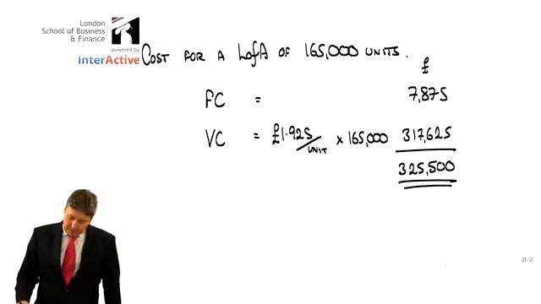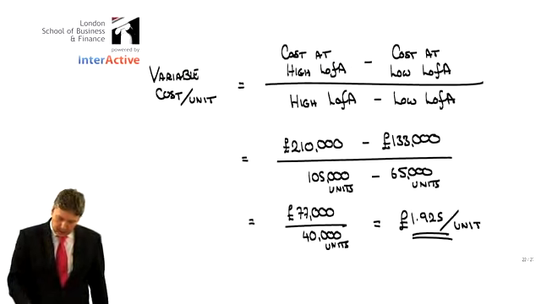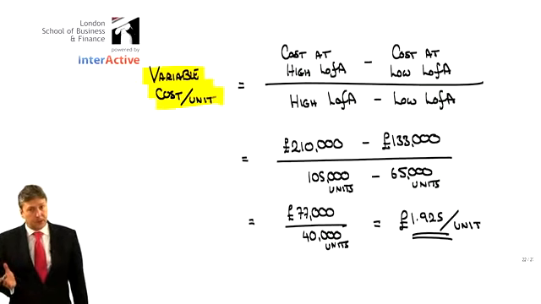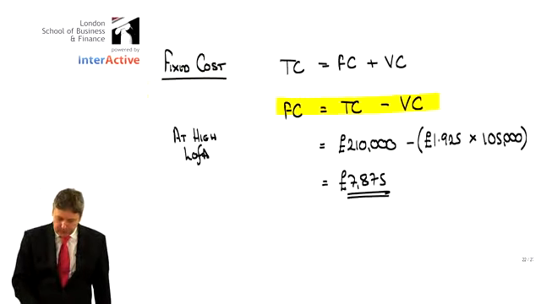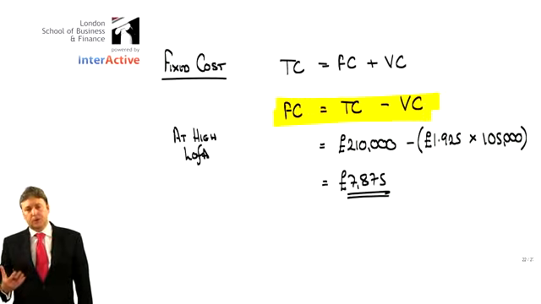So, all you have to remember in recap is first of all how to deal with the variable cost per unit, and I don't think that's too difficult. And secondly, remember that sophisticated rearrangement. The fixed cost is simply total cost minus variable cost.